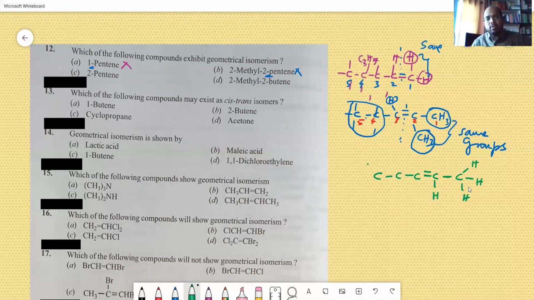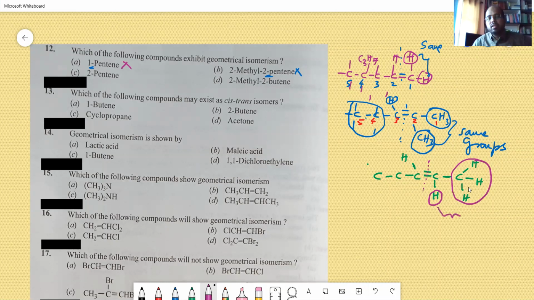Across the C=C bond you have H here. Now you can see that across the double bond you are having one H here and one CH3 here. So the groups are different.